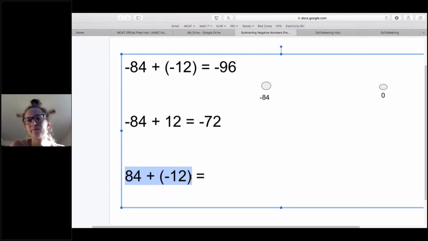The first one. What makes it similar to the first one? It has a -12. Awesome. So just like the first one, there's a -12.